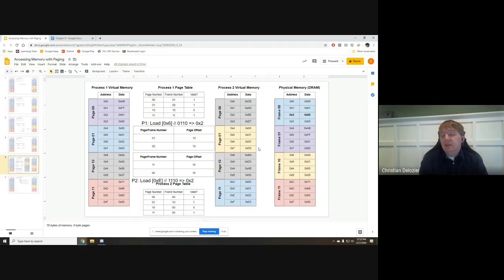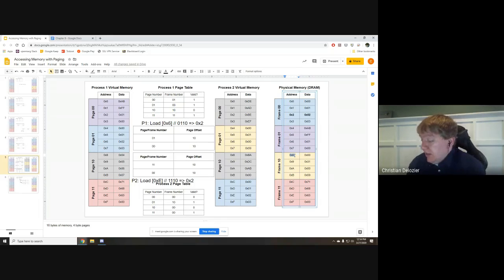So it's easy for the implementation to say these are the predefined places where these things will exist, and they're going to be the same for every process. Because we have those same numbers for every process, we have to make sure they go to different places in physical memory for each process. That's why they each have their own individual page tables, so that on this process, address 4 means actually address 0. On this process, address 4 means actually address 8.